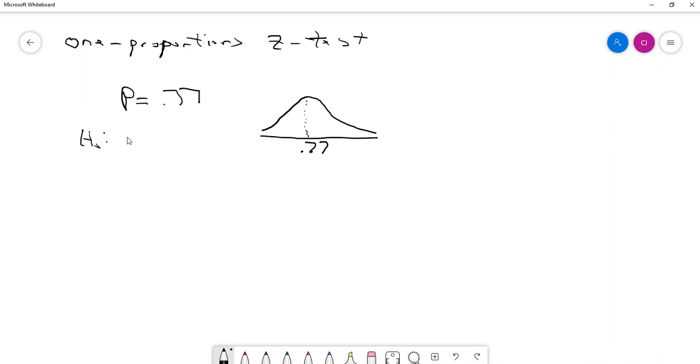It's a little tricky. Well, of course, the two-tail test is easy because we would just put it exactly the same right here. P equal to 0.77 would be our null hypothesis in a two-tail test. Okay, so that's the easy one.